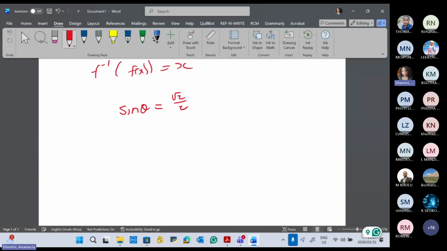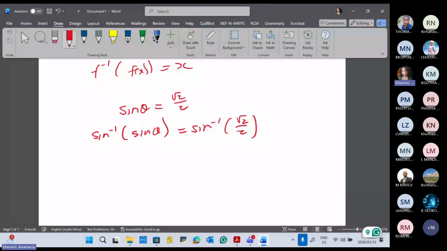That is why when you were asked to find sine of theta equals √2/2, which is in your grade 10, 11, and 12, when you were asked to find theta, you actually took the arcsine. Basically, what you did was take the inverse of sine, substitute it on the left-hand side, and what you did on the left-hand side, you also did on the right-hand side.